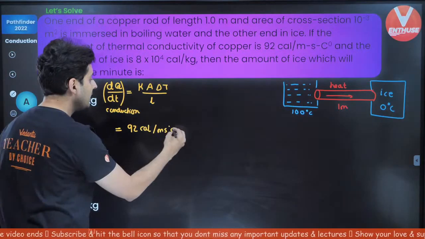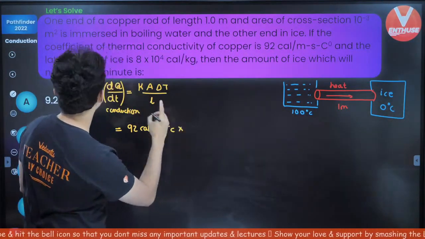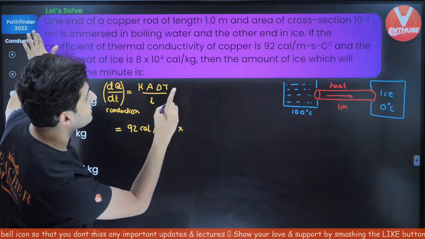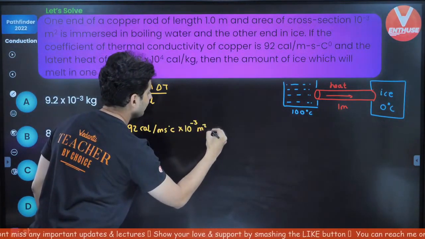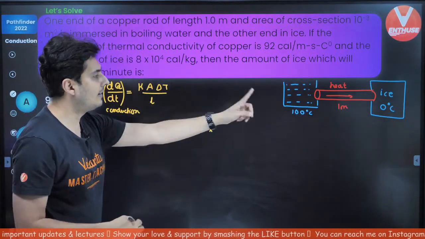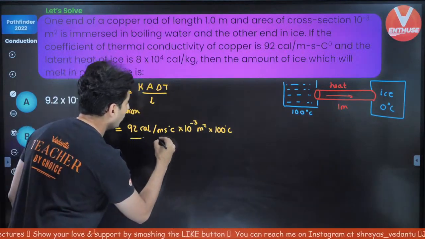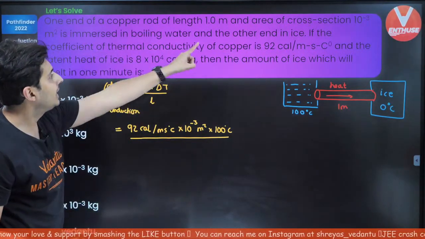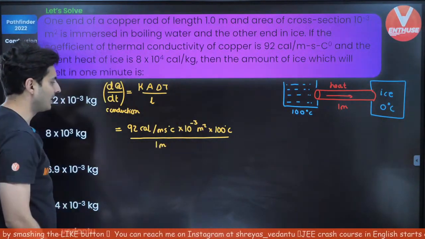Very interesting unit. Area is 10 to the power minus 3 meter square into temperature difference, 100 minus 0 is 100 degree centigrade. The whole thing divided by length. Length is how much? 1 meter.